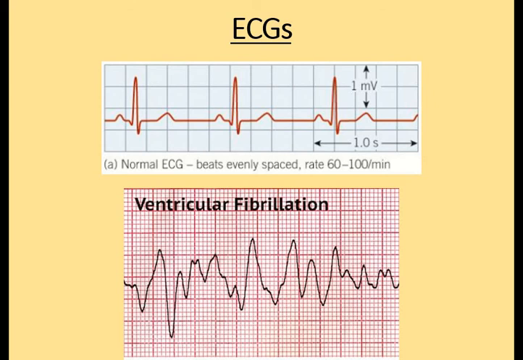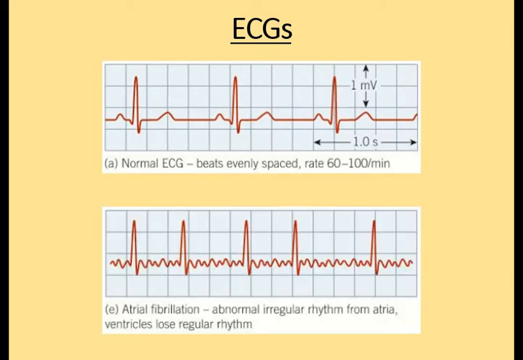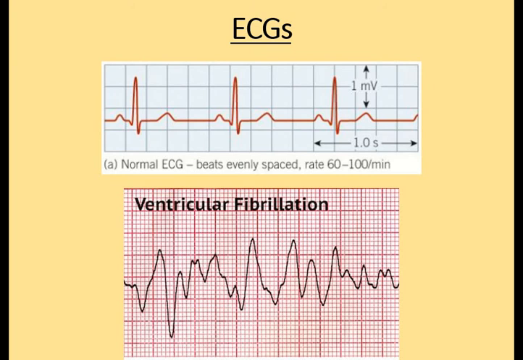A slightly, well, significantly worse problem is ventricular fibrillation, which we have here. You can see the difference. Atrial fibrillation, you've still got a fairly normal QRS complex, but it's not spaced evenly. With ventricular fibrillation, the electrical activity is all over the place.